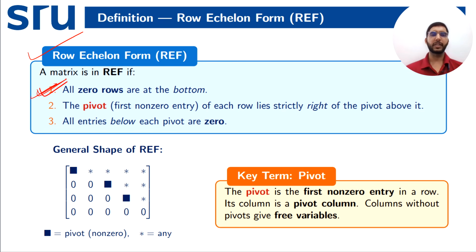Then condition 2 says that the first non-zero entry of each row, which we usually call the pivot entry, should appear to the right of the first non-zero entry in the row above it.